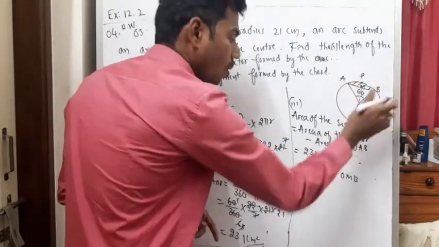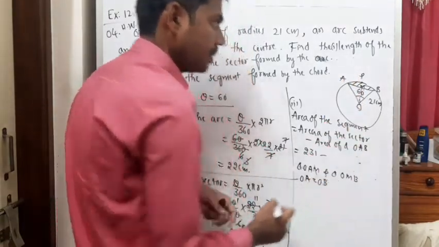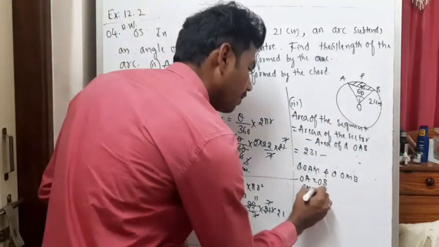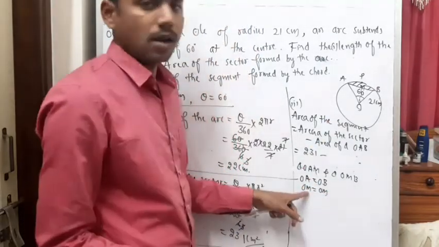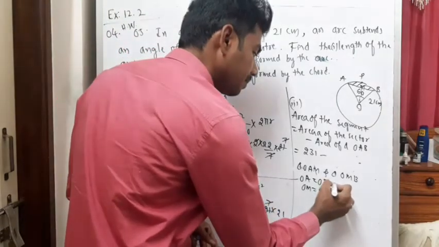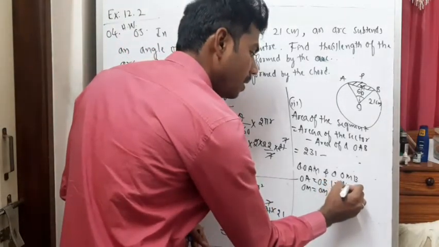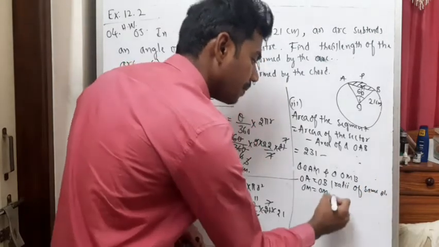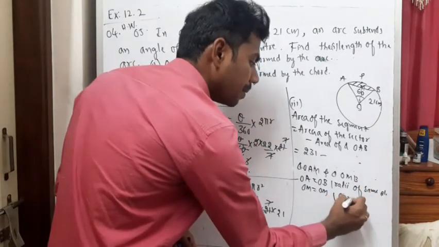OA is equal to OB. Why? Radii of the same circle. Then OM is equal to OM. Why? They are a common side. Next, radii of the same circle. Next, OM common side.